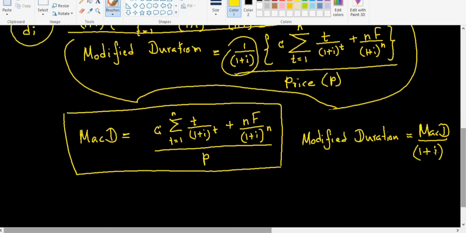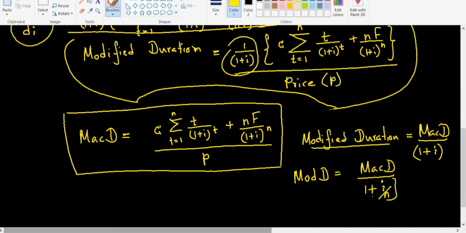This is for annual coupons. If it is semi-annual coupons, we can write modified duration as MacD, Macaulay duration, divided by 1 plus i over n.